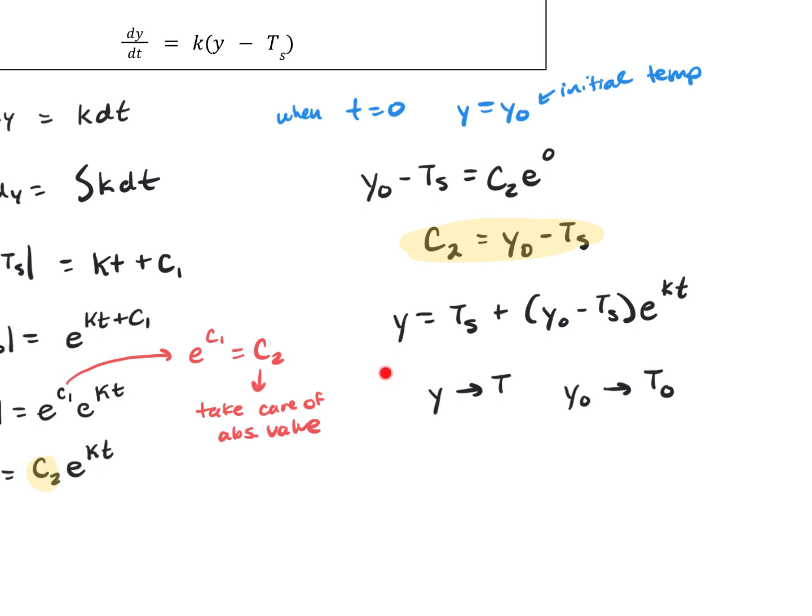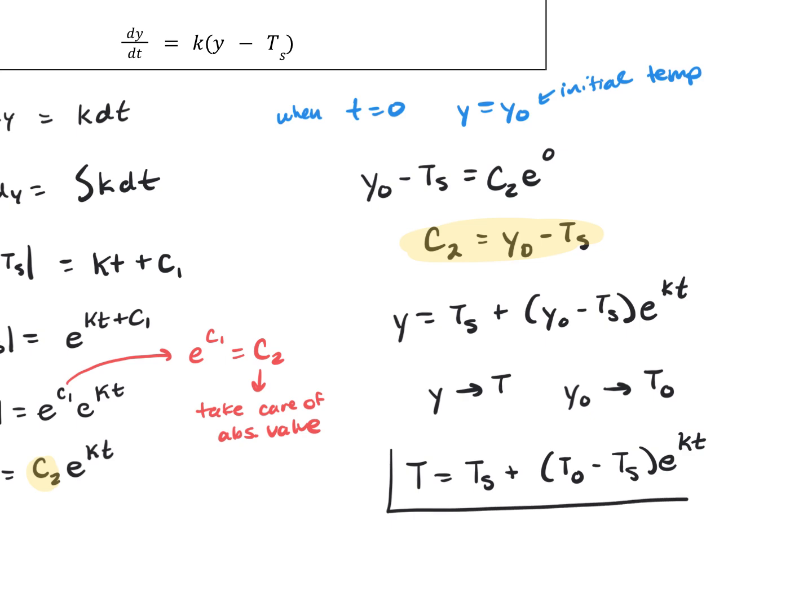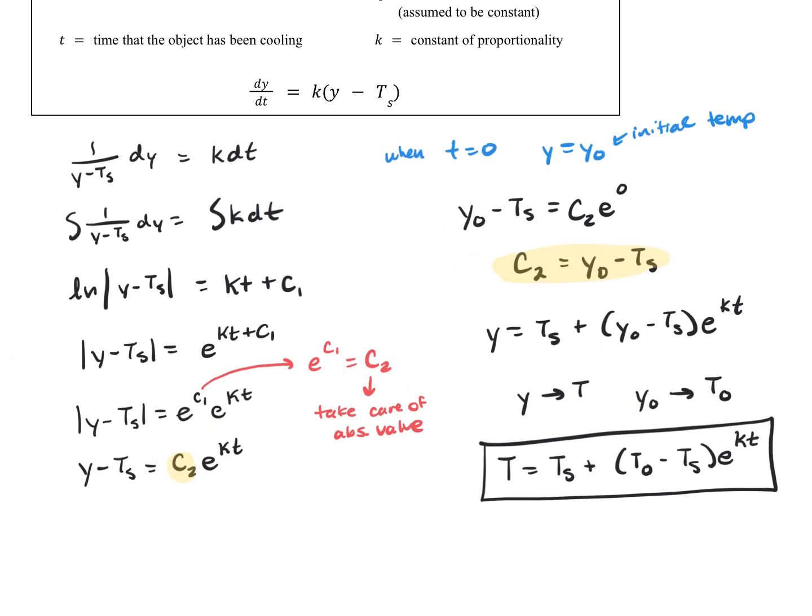I just used y to make it a little bit easier to work with as we were solving. So T equals T sub s plus T naught minus T sub s, times e to the power of kt. So this is Newton's law of cooling. And again, we can find the temperature of our object after a given amount of time if we know the surrounding temperature and the initial temperature.